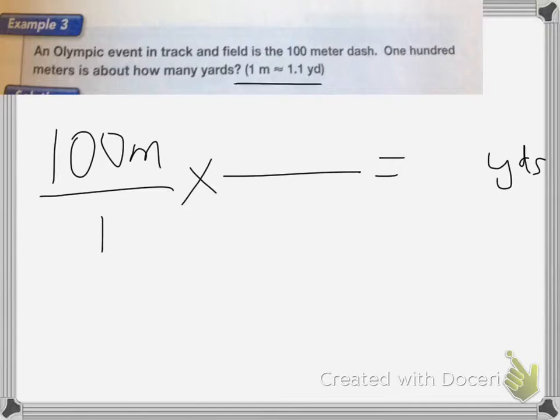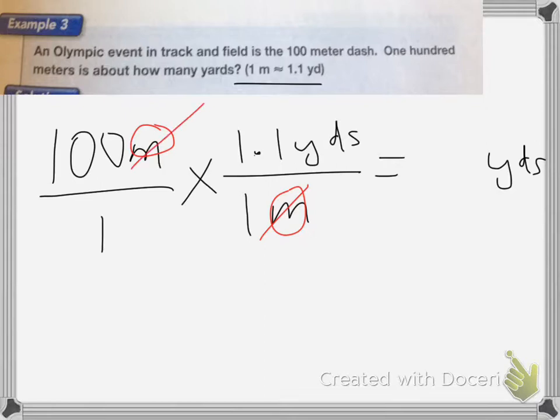If 1 meter equals 1.1 yards, the unit multiplier I'm going to use is 1.1 yards over 1 meter, because I need these meters to cancel. The meters cancel. I end up with 100 times 1.1, which is 110 yards.